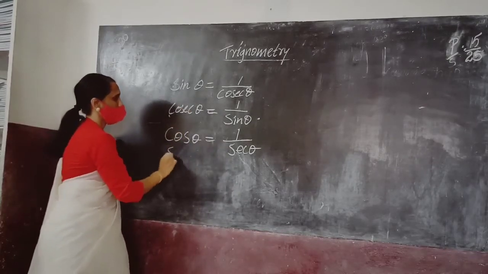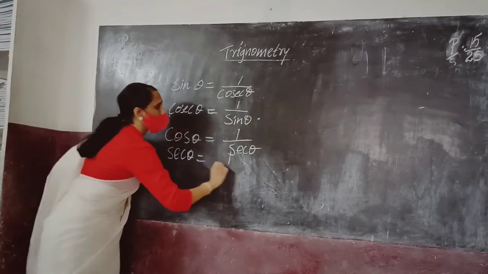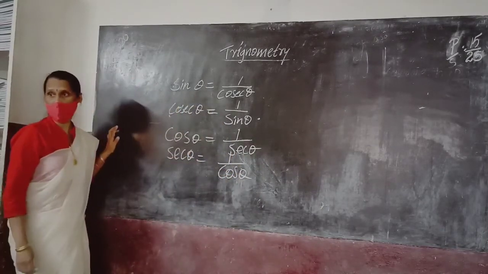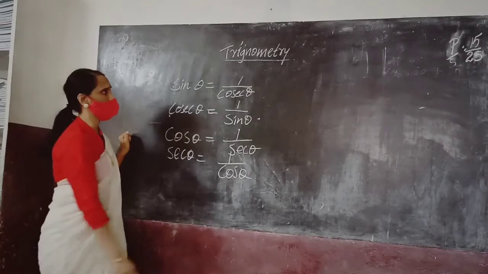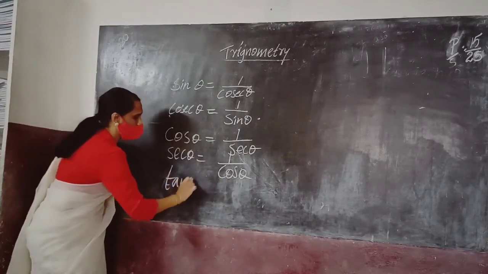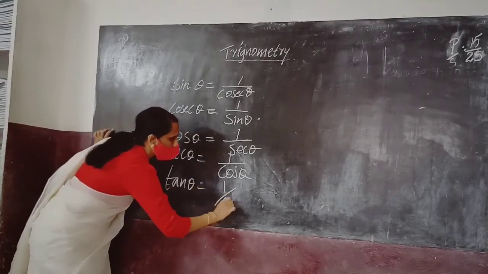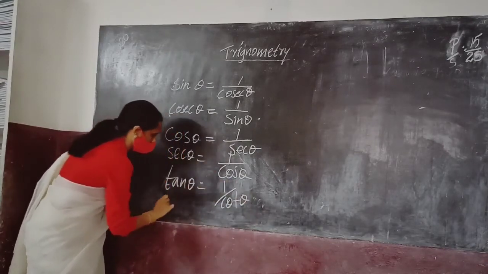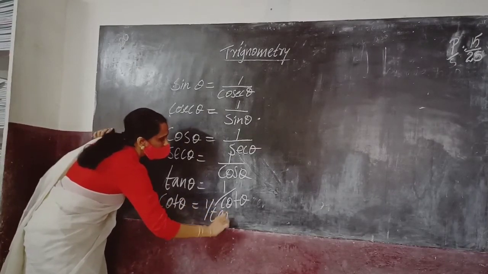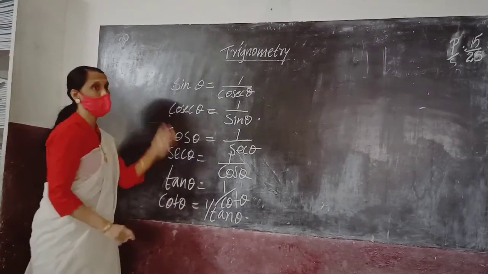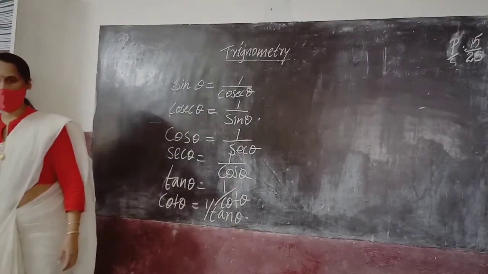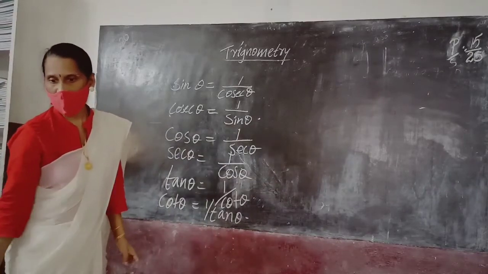And sec theta is equal to 1 by cos theta. You have to remember all these reciprocals. And one more reciprocal is there: tan theta is equal to 1 by cot theta, and cot theta is equal to 1 by tan theta. These are the basic things you have to remember. Now let us go into the questions.